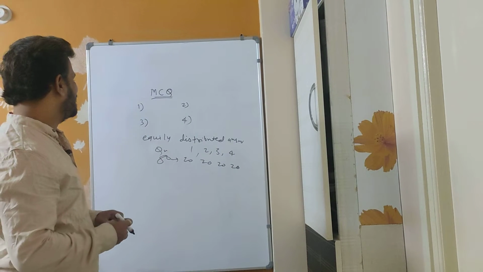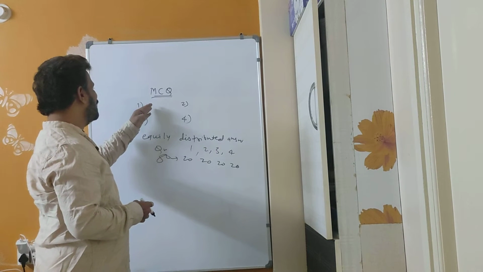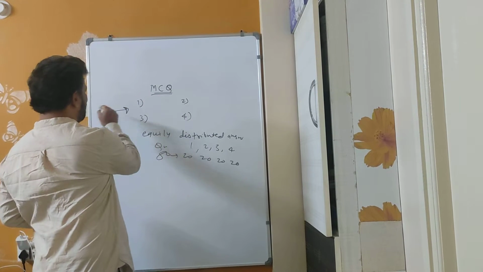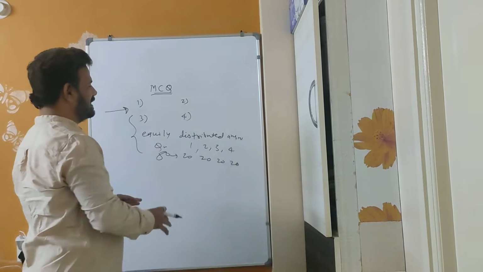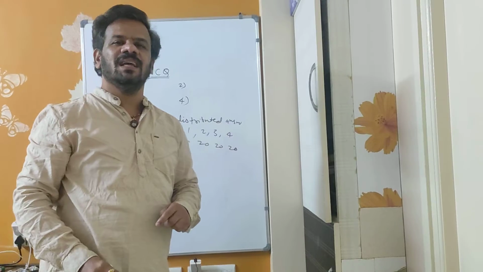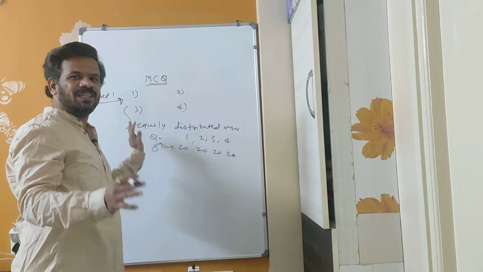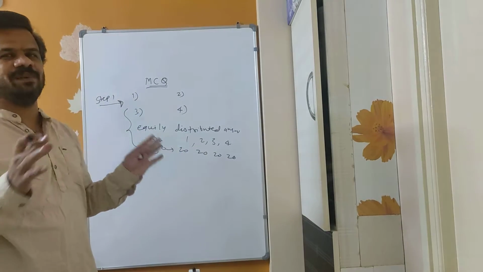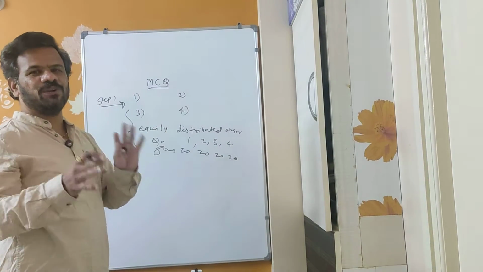Step number 1 is to remember that the answers are equally distributed, or within plus or minus 20% in that range, every option being distributed according to that.